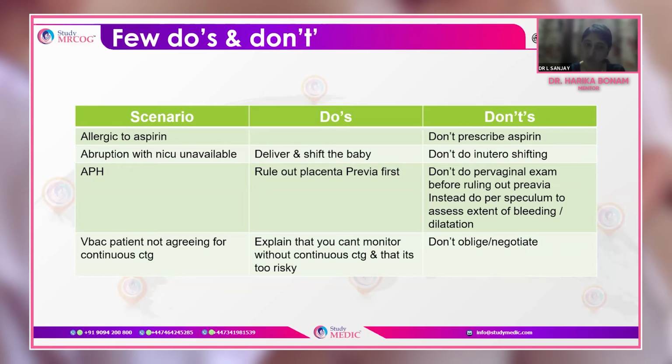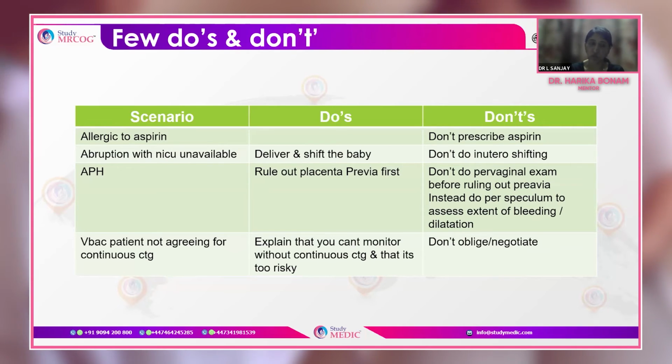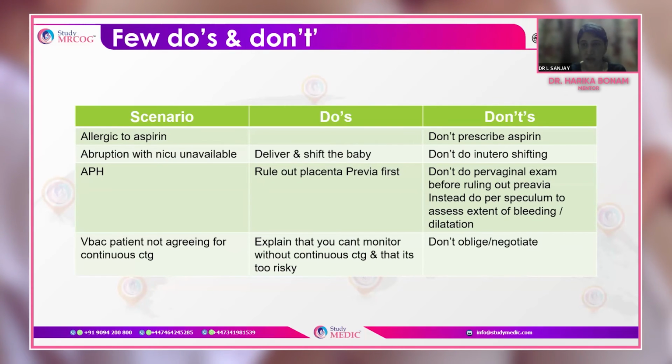You can also involve your senior consultant and say, I'll make you talk with the consultant, this situation is too risky. You can handle it that way, but do not oblige her or allow her to negotiate.